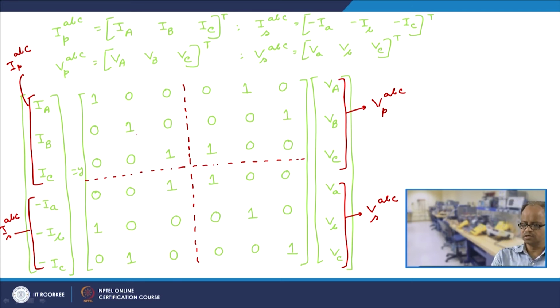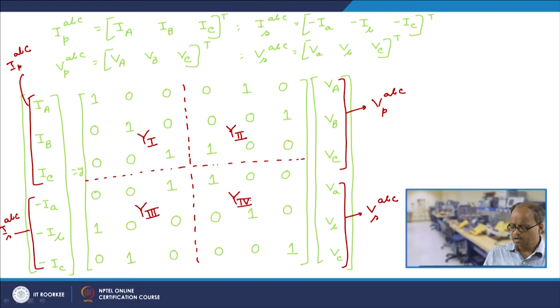So, then obviously a Y. This 3 cross 3 matrix would be Y1, this 3 cross 3 matrix would be Y2, this 3 cross 3 matrix would be Y3, and this 3 cross 3 matrix would be Y4.